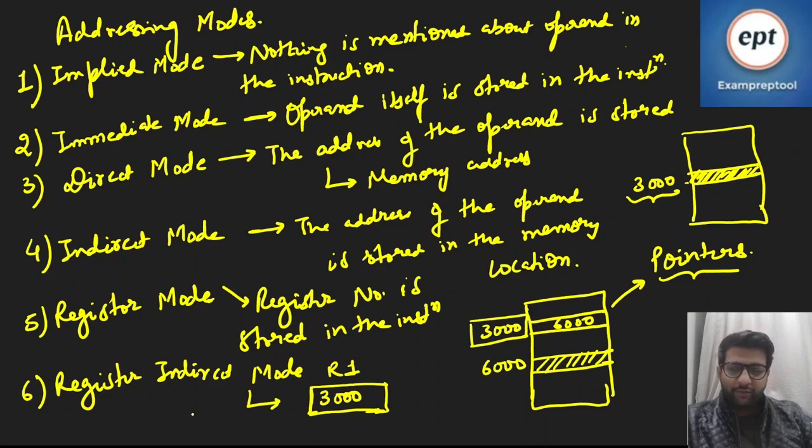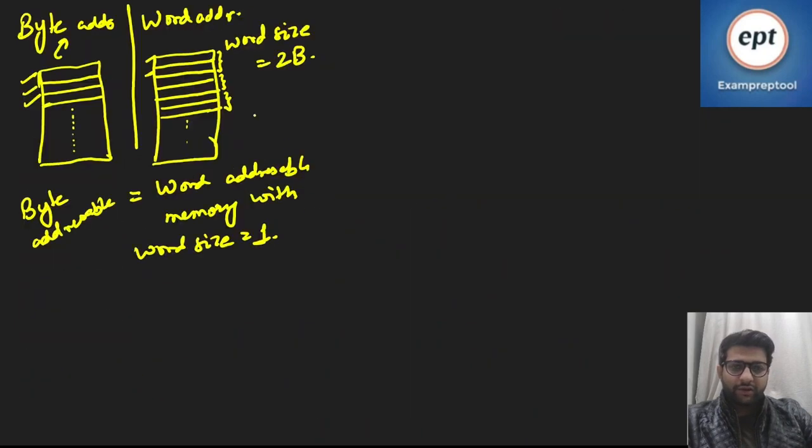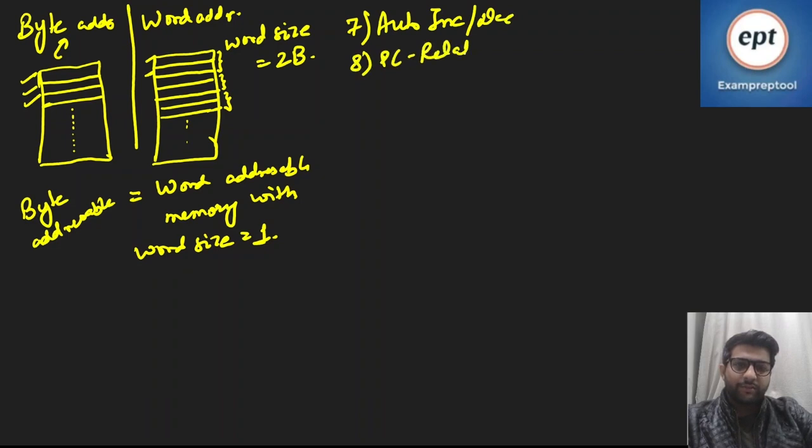There are more addressing modes like auto increment decrement, PC relative mode, base register mode.